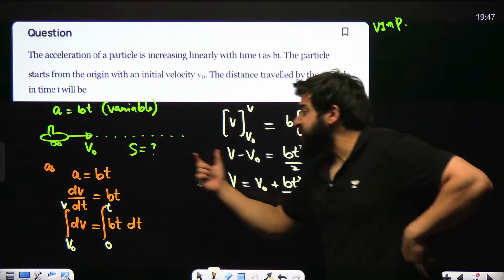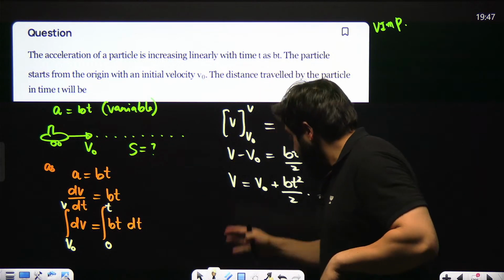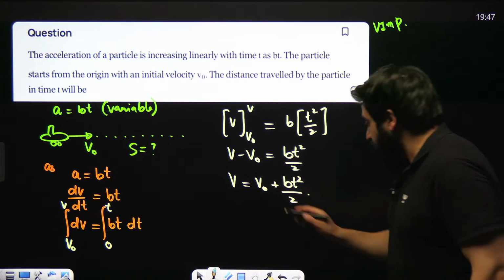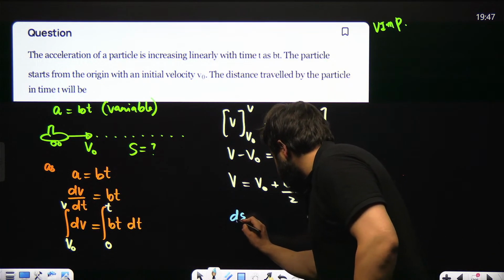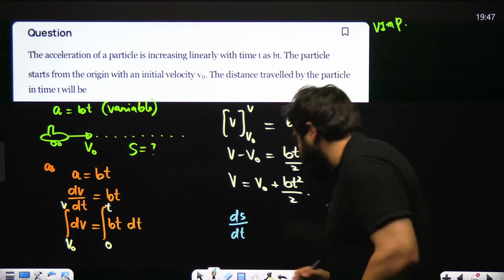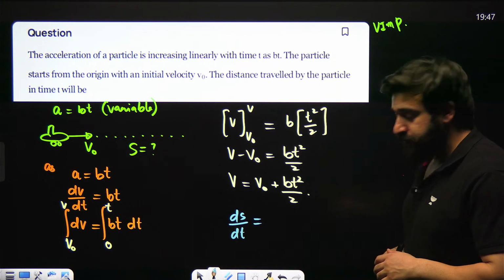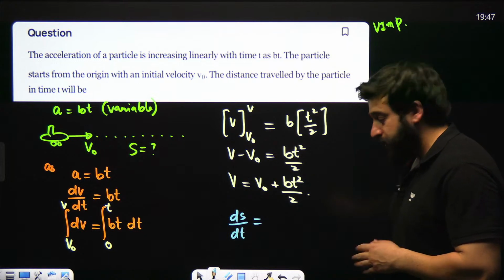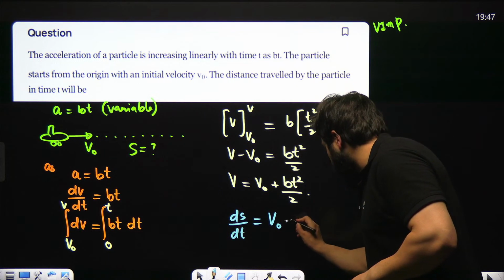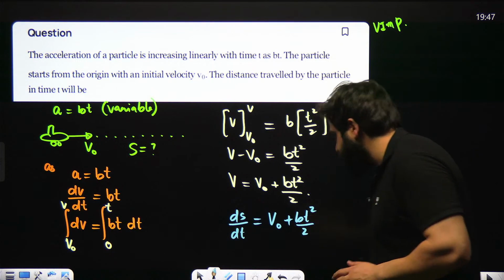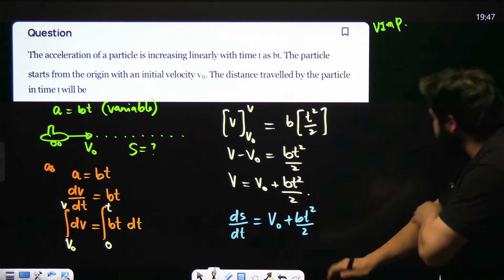But what we are supposed to find out is displacement. So I can write this velocity as ds divided by dt, which is v naught plus bt square divided by 2. Now multiply this dt over here.